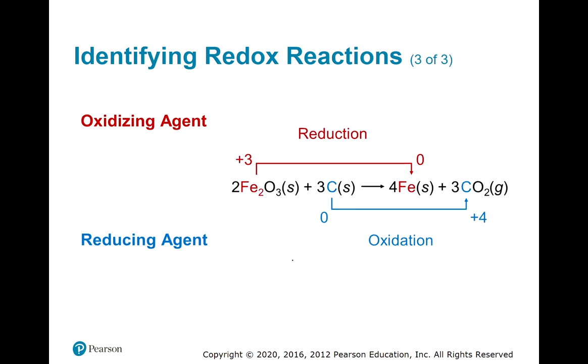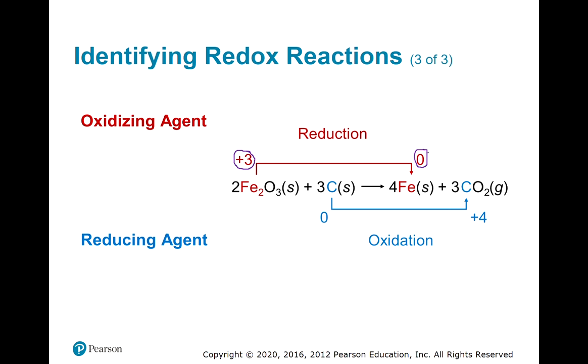Now we can go back and analyze the reduction of iron 3 oxide with carbon to form iron and carbon dioxide. This is where iron gets reduced, so let's go through and assign oxidation numbers. We've highlighted iron in red and carbon in blue. Iron starts off with a +3 oxidation state and ends up at 0 because we're starting off with monoatomic iron ions in Fe2O3, so that consists of Fe3+ and oxide O2- ions, and we end up with iron as a pure element, so 0.